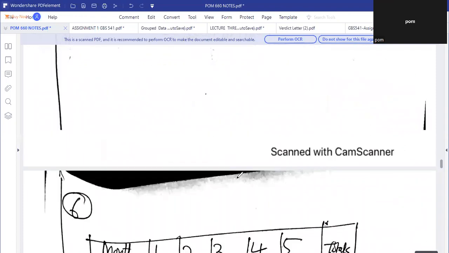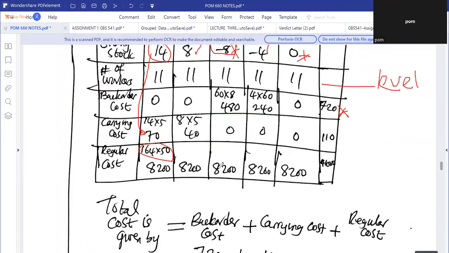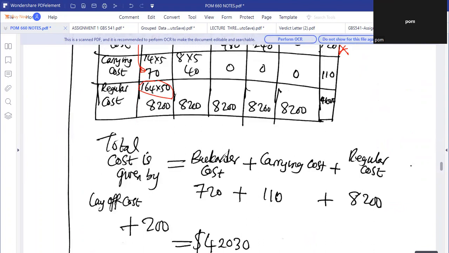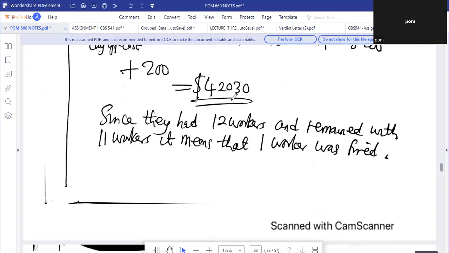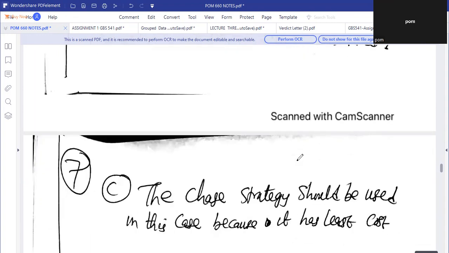So what is going to happen here is the total cost of a plan will be back order cost, plus carrying cost, plus regular cost. We have that one for the 2030. Since they had 12 workers and they remained with 11 workers, it means that one worker was fired.